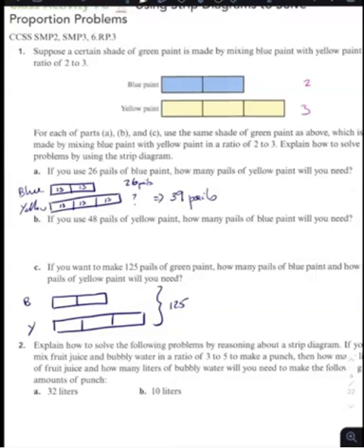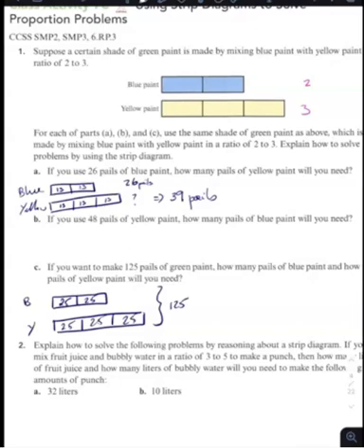Well, if the total is 125 and we have 5 blocks, 5 parts of paint going in, so 1, 2, 3, 4, 5, 2 of them are blue and 3 of them are yellow, then wouldn't that make sense that in order to make 125, each one of these blocks should be 25?